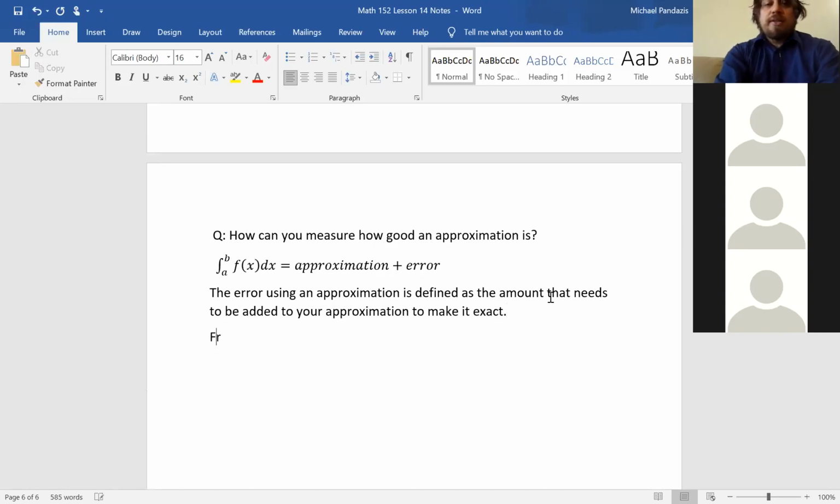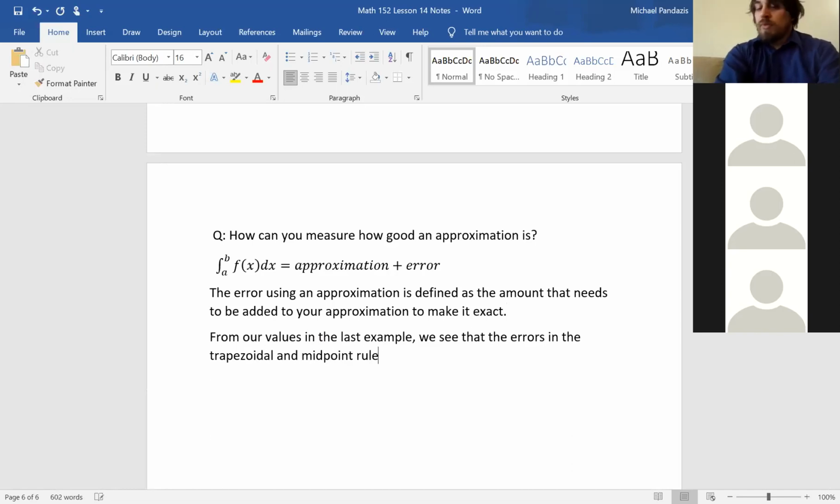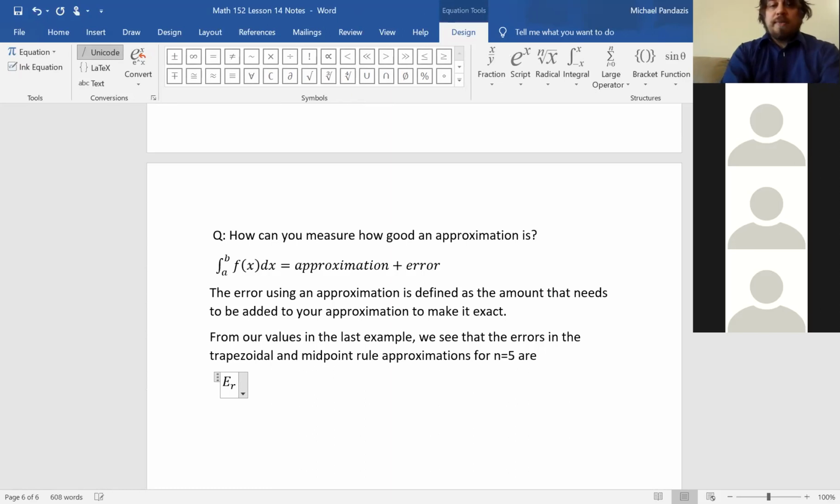So from our values in the last example, we see that the errors in the trapezoidal and midpoint rule approximations for n equals 5 are, and here I'm going to use a new notation, E sub T is the error using the trapezoidal approximation.